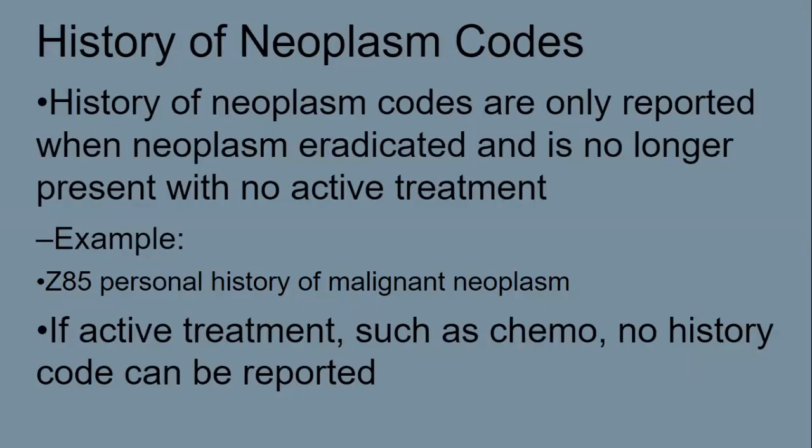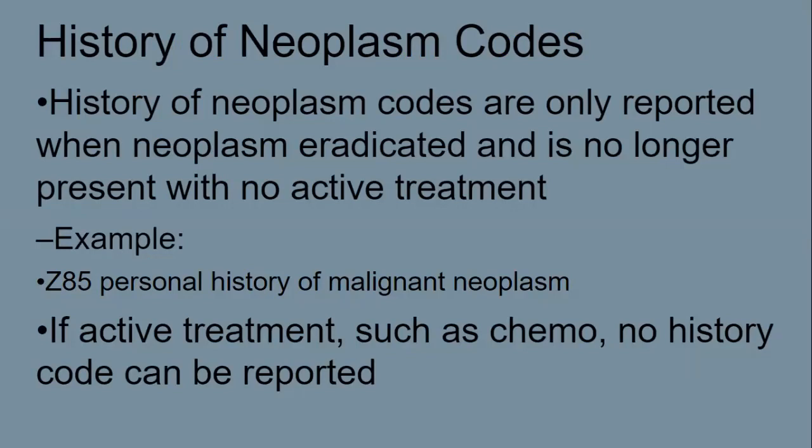History of neoplasm code. So what is a history of code? That means they had a history of neoplasms. History of neoplasm codes are only reported when the neoplasm is eradicated and is no longer present with no active treatment. For example, Z85, personal history of malignant neoplasm.